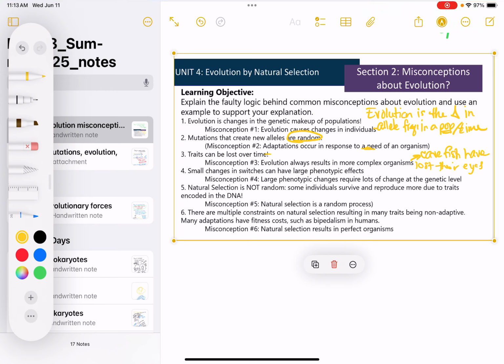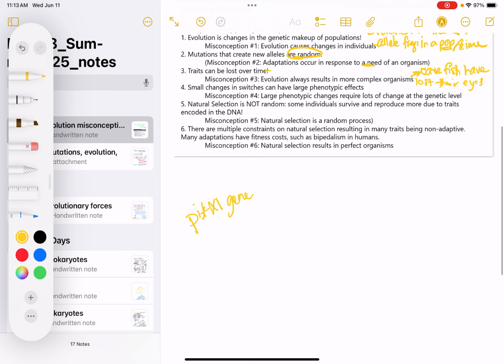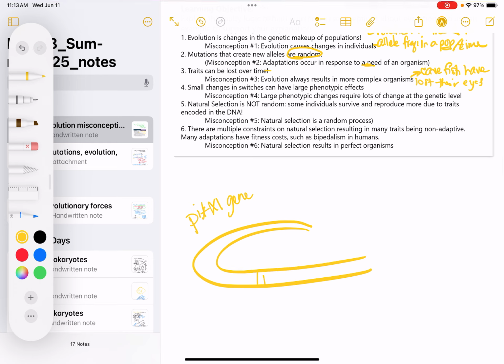For number 4, small changes in switches especially can have really large phenotypic effects. So think about something like PITX1, right? Think about our PITX1 gene, where a single mutation, right? Here's that PITX1 transcribed region. We have some switches here, 2, 3 switches. Remember that we could have a single mutation right here, and a single mutation could make it so that there's no jaw, no pelvis, and no pituitary gland, right?